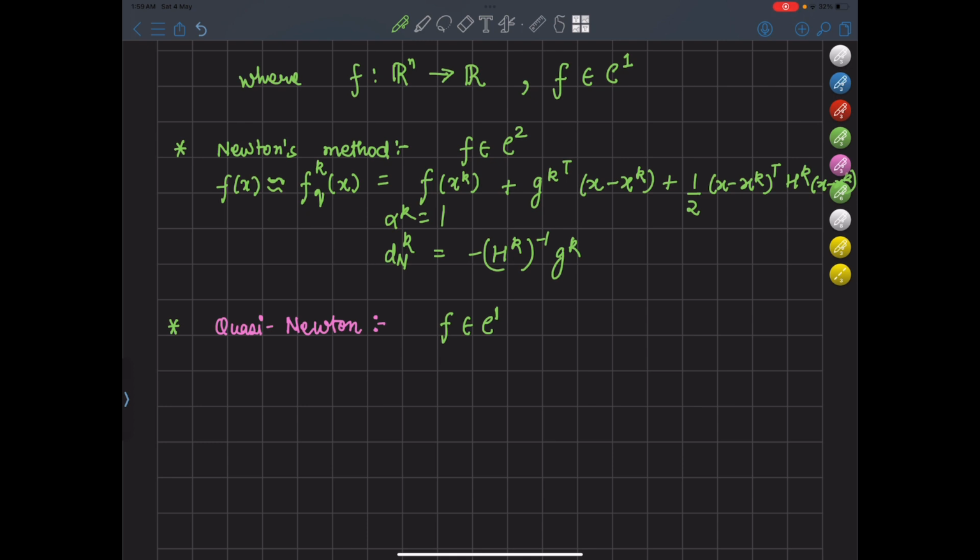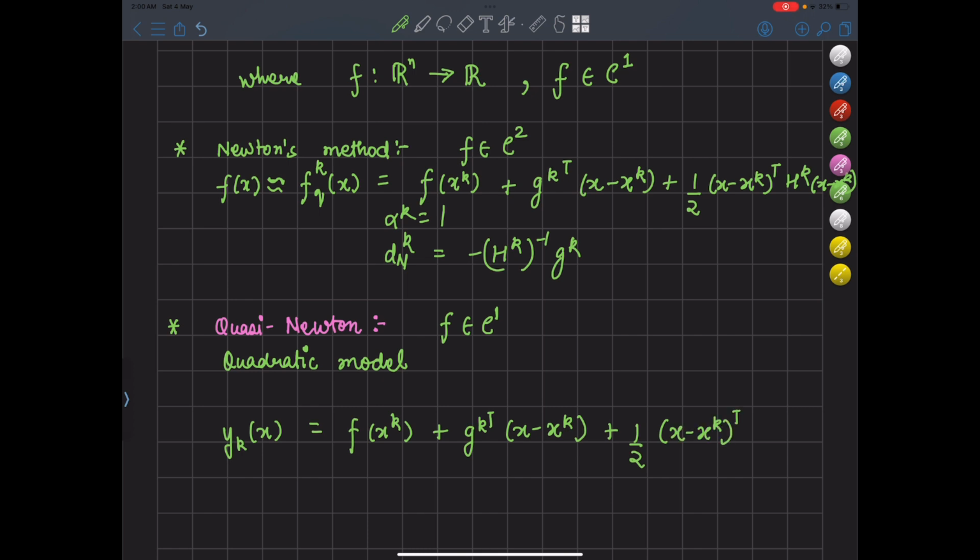And for Quasi-Newton, we form a quadratic model as follows. So qk(x) is given by f(xk) plus gk transpose (x minus xk) plus half (x minus xk) transpose bk inverse (x minus xk).